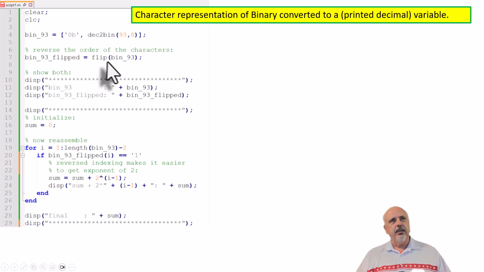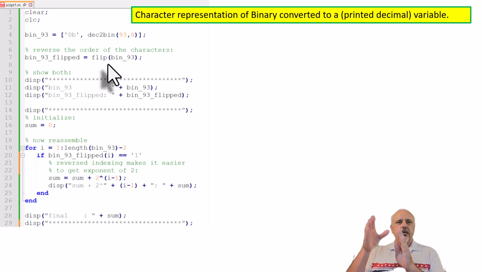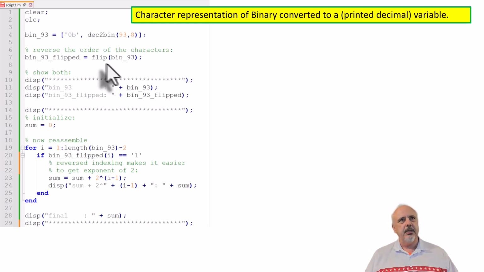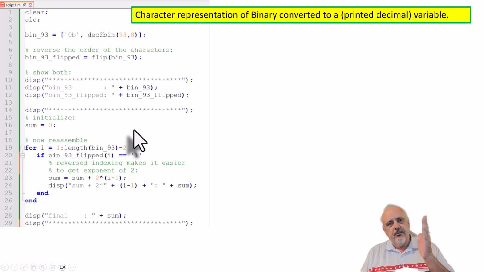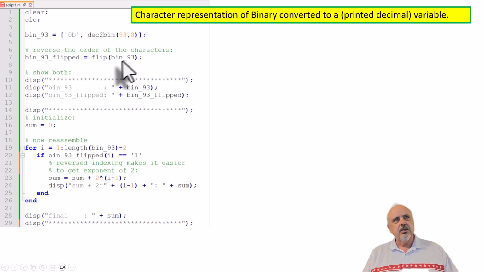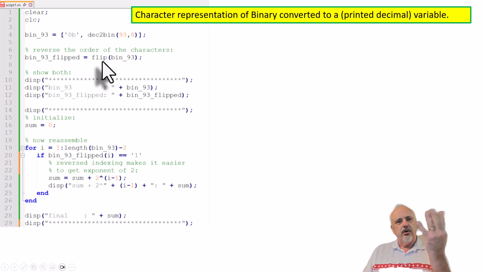I have this flip function because what I'm going to do is start from the lowest bit and then build it towards the most significant bit. So I flip it. Don't have to do this, but it does make it a lot easier to manage. So I flip using the flip function, so it reverses the order of the bits.